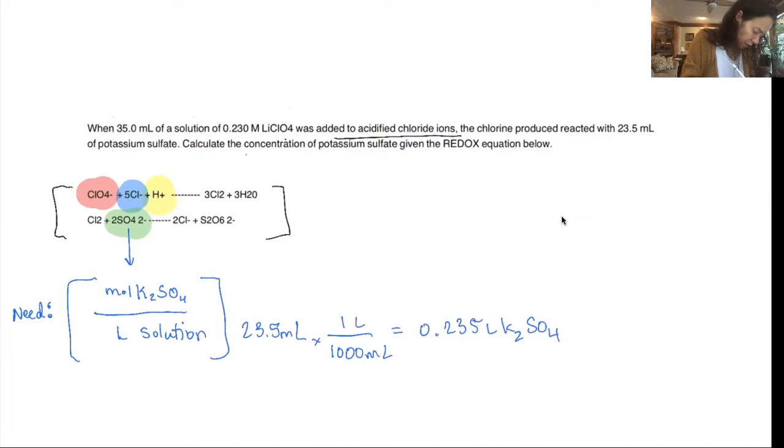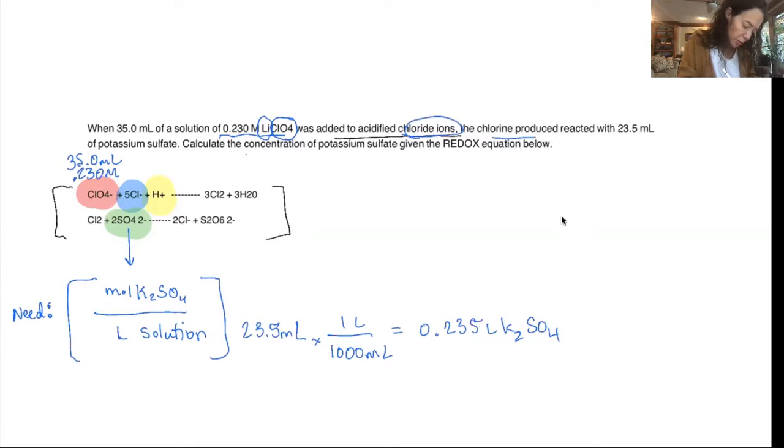I've got 35.0 milliliters of a 0.230 molar. And I did in my head, notice that this is a 1-to-1 ratio, okay? So therefore, that's how many moles of chlorate I have. Now, was added to chloride ions.